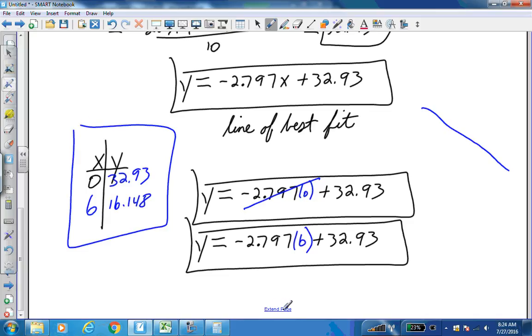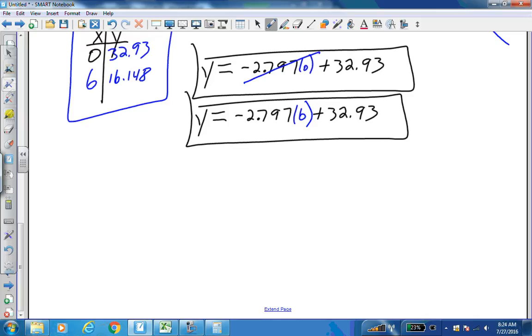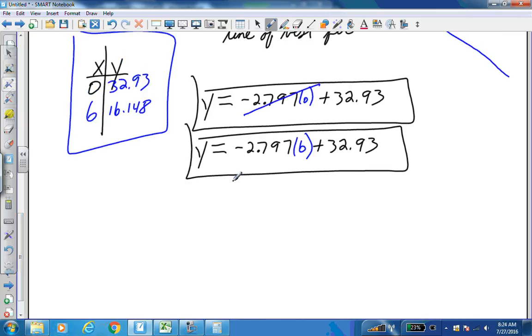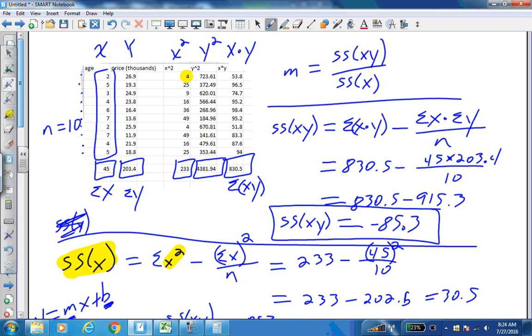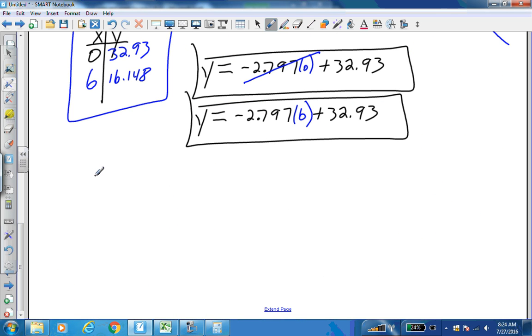Now another thing we were asked to do is to take our equation and predict what the value of the car would be at a certain time. So if X stands for the age of the car, if we want to know the value of the car when it's 8 years old, we want to predict the value of the car when it's 8 years old.